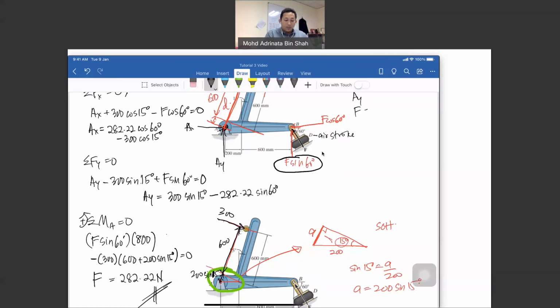So we solve 282.22 cos 60 minus 300 cos 15. AX is negative 148.7 Newton.